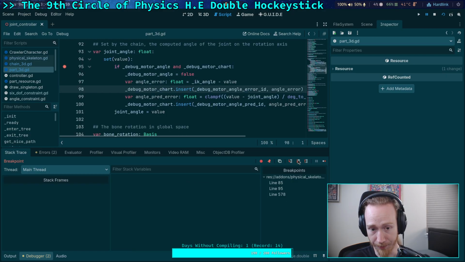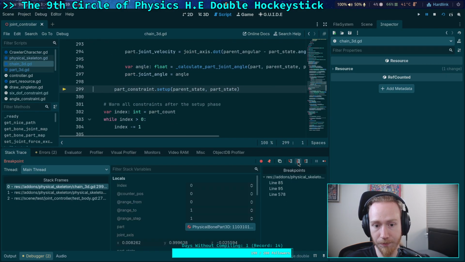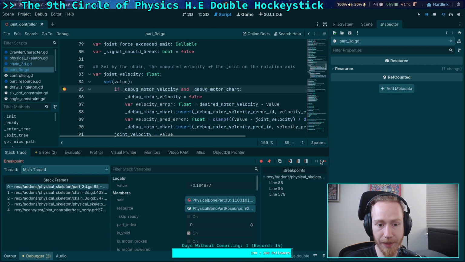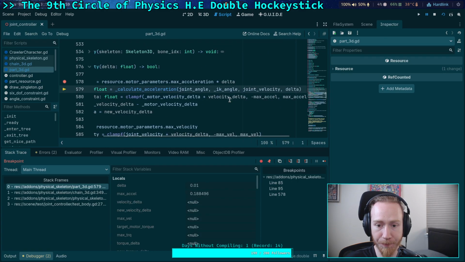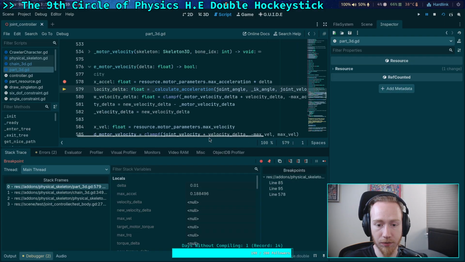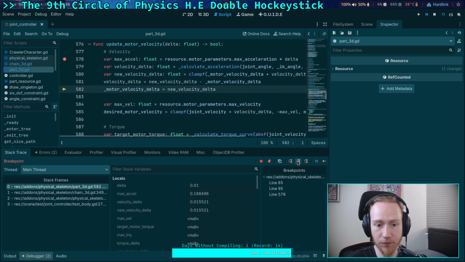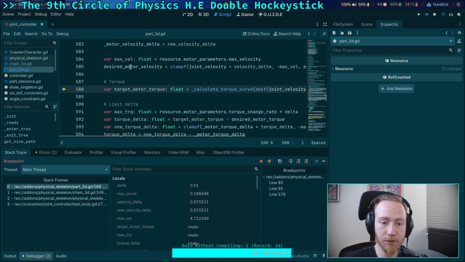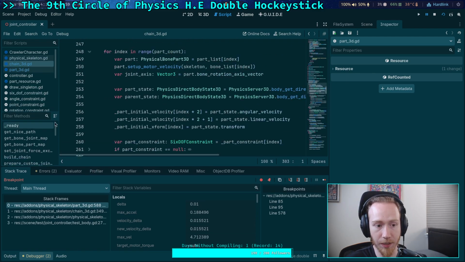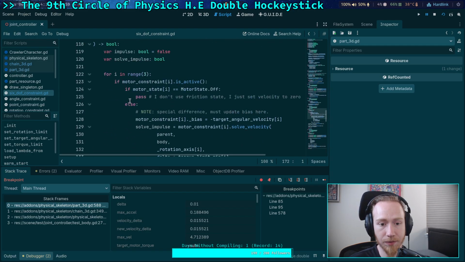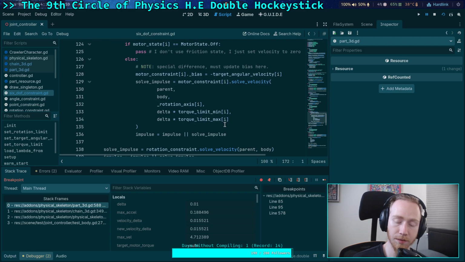Okay. Just continue. Okay, there's my desired motor velocity. Now, it must be this. This is wrong. This is ending up incorrect.